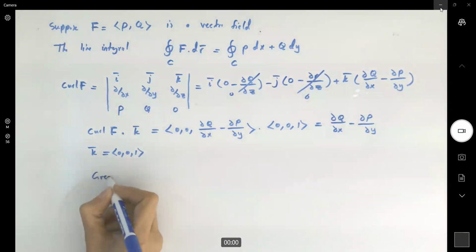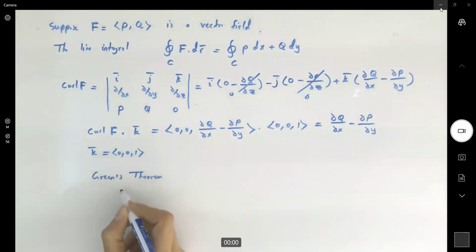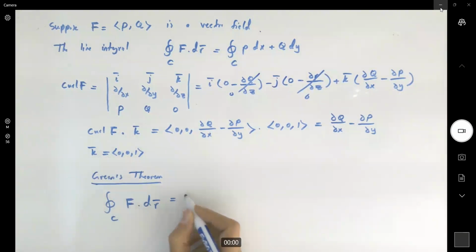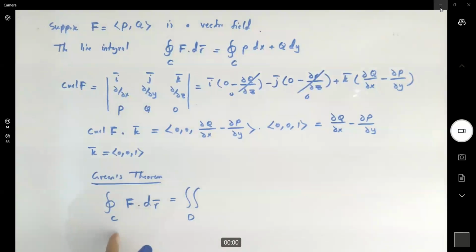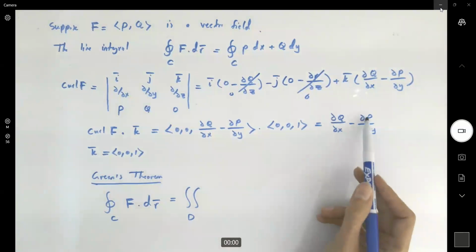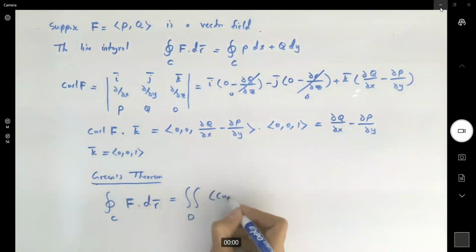So Green's theorem can be written this way. Here you have the line integral of F dot dr over curve C, which is equal to the double integral over region D, which is bounded by C. Now you have partial derivative of Q with respect to X minus partial derivative of P with respect to Y, which is curl of F dot K. So just replace that.